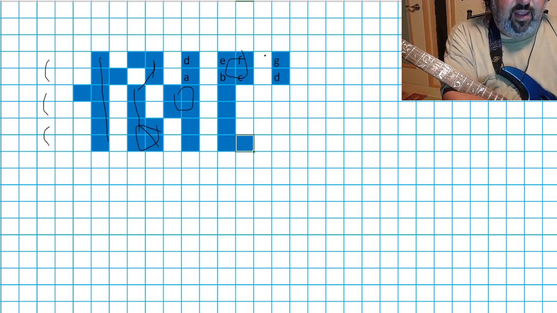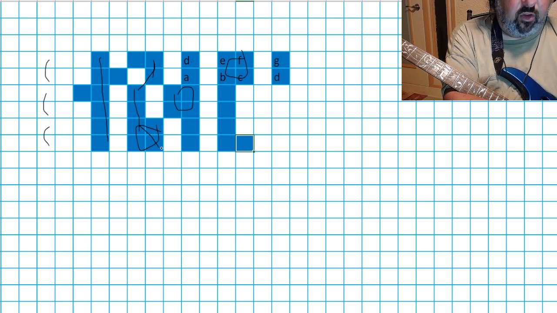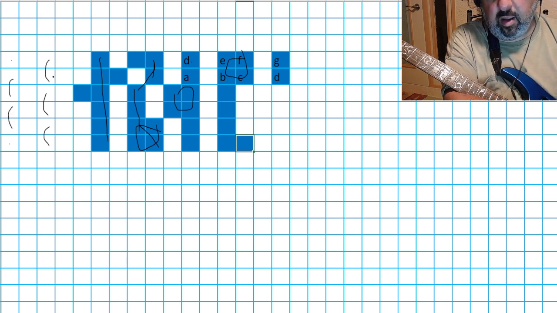So when I get to here, if I skip above, now I'm just using this string and this string on their own, and I'm going to pair up this string and this string.